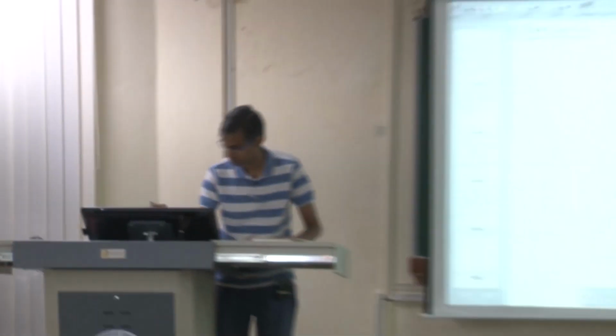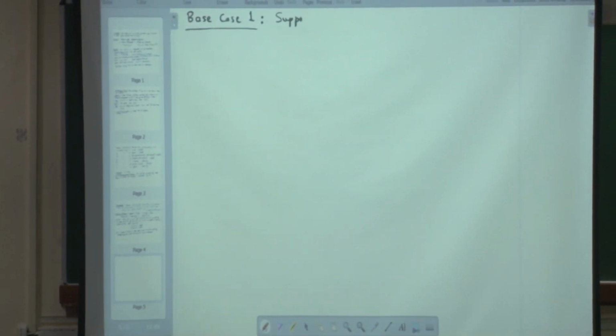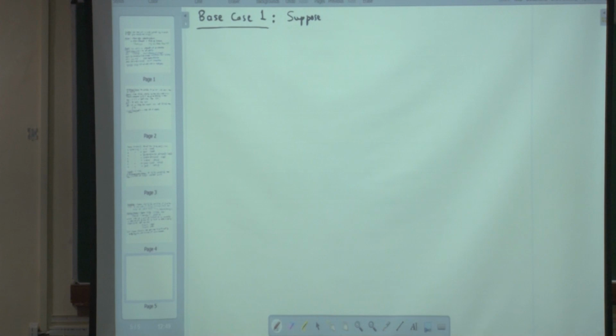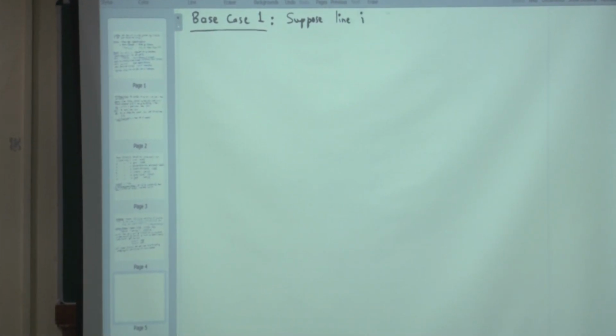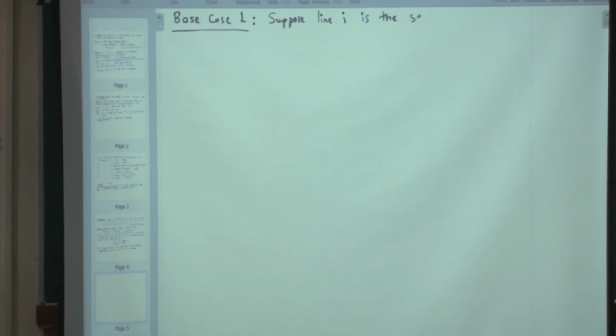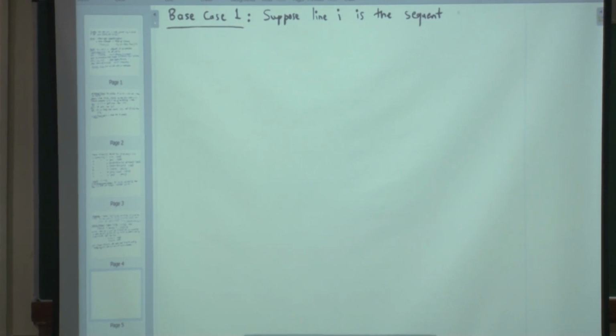So base case 1, okay, so that is LA. Suppose line number i is the sequent. Every line is a sequent.